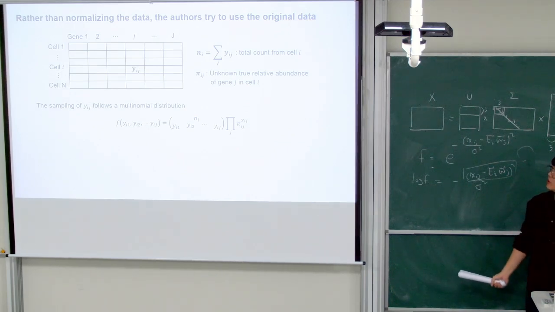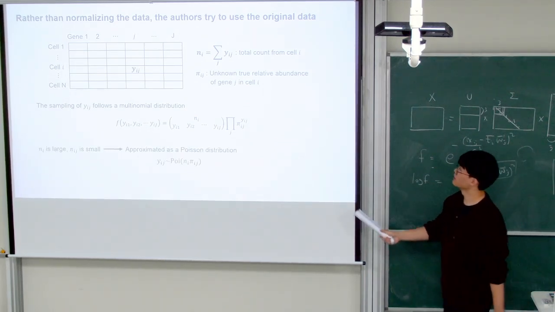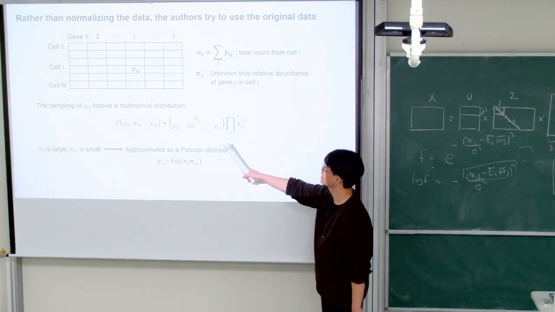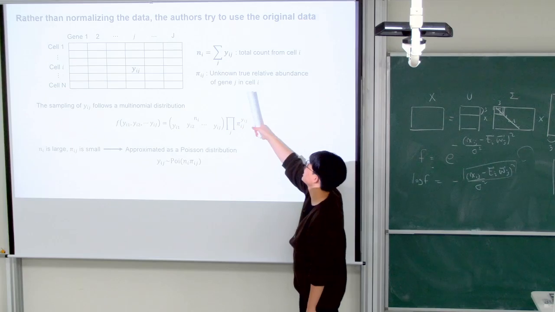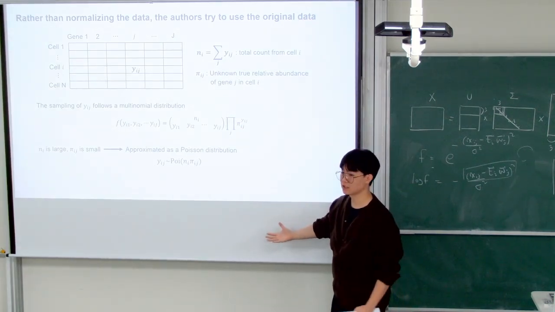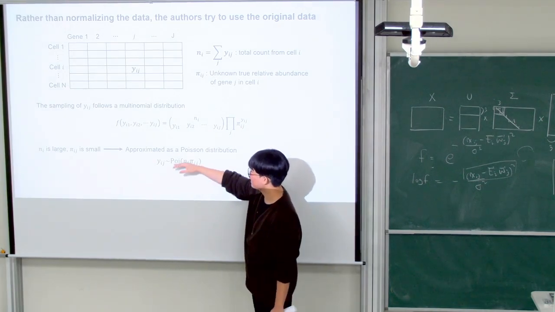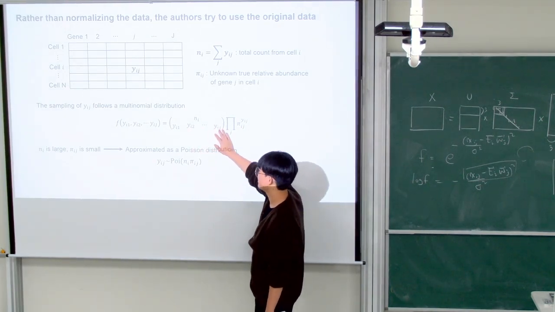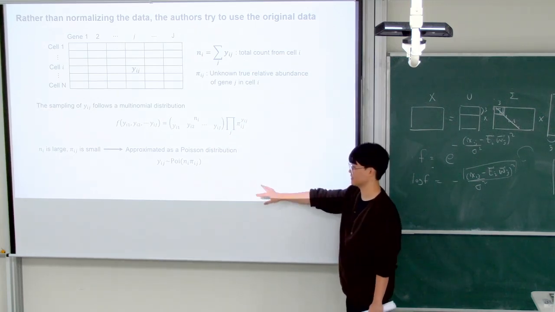But in real biology, the Ni is very large, and pi ij is very small because there are too many genes. So in that assumption, this multinomial distribution could be approximated as a Poisson.